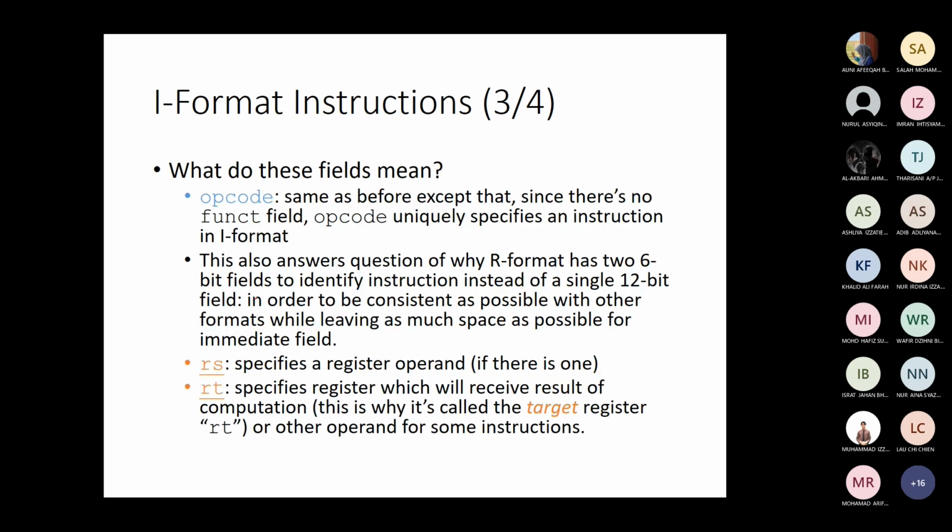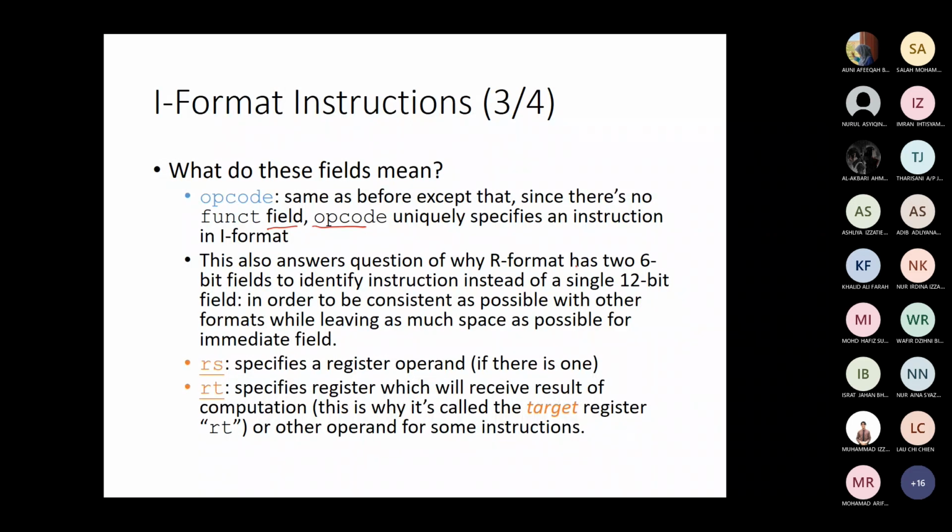Next, what do the fields mean? Opcode is the same. Since there is no function field like the R format, opcode uniquely specifies an instruction. This also answers the question of why R format has two 6-bit fields to identify an instruction instead of a single 12-bit field.